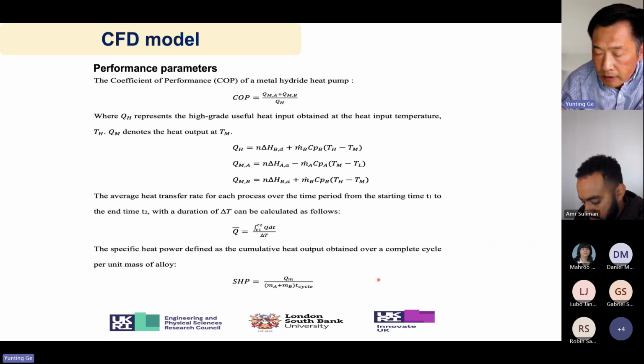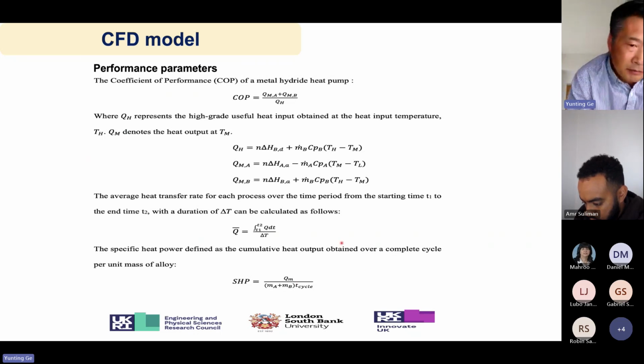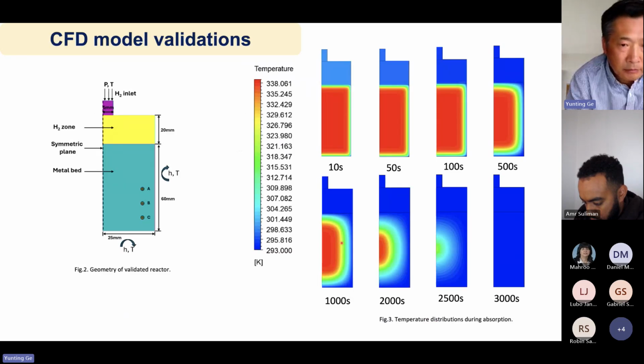Because of time, I just go quickly. These are some energy balance equations for the COP calculation, the heat input and heat output, and also the specific heat power calculations, for our system evaluation, comparison and optimization.